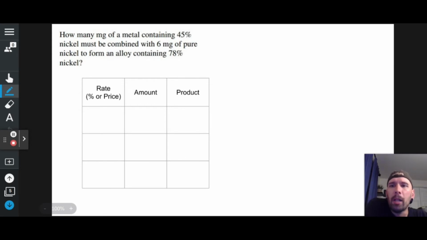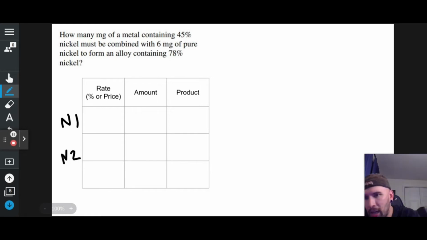How many milligrams of a metal containing 45% nickel must be combined with 6 milligrams of pure nickel, which is 100%, to form an alloy containing 78% nickel? All right. So I've got nickel number 1. I've got nickel number 2.